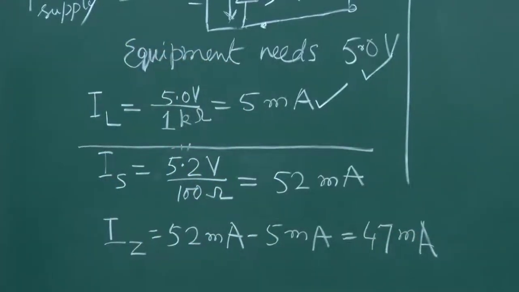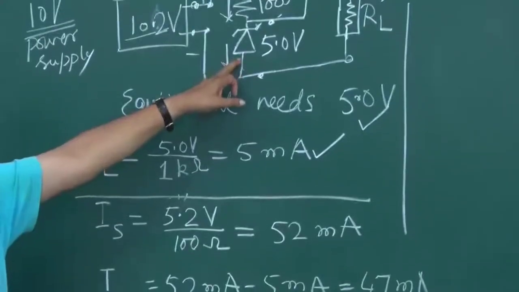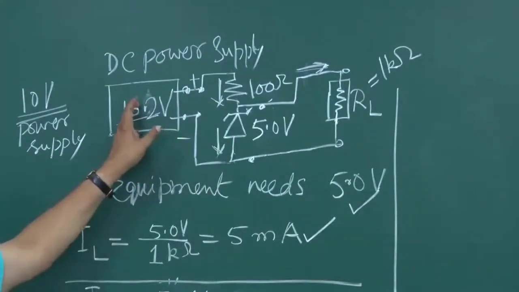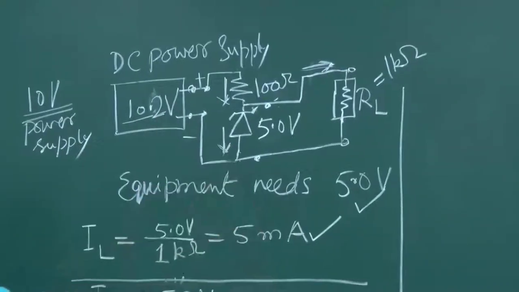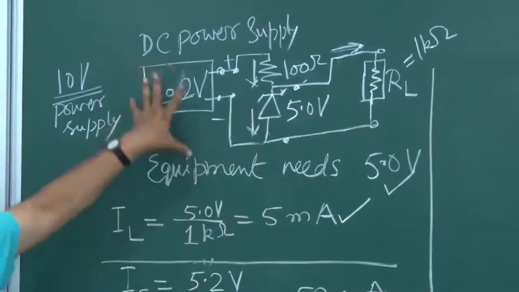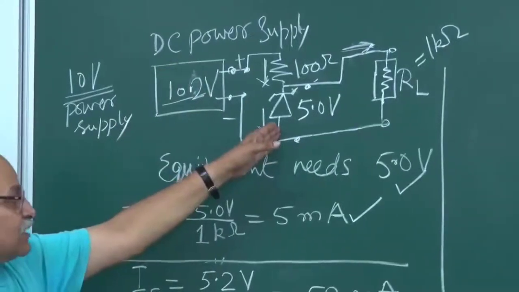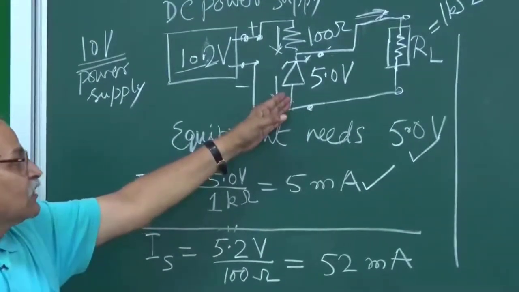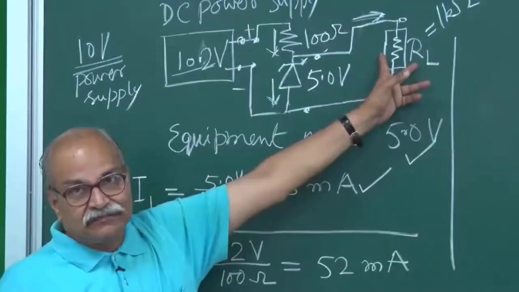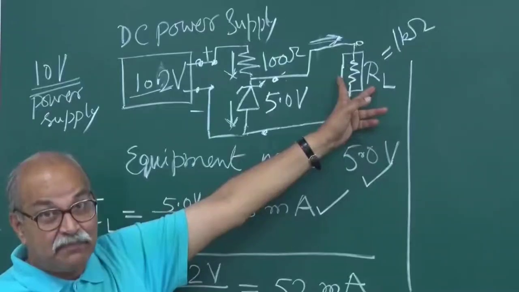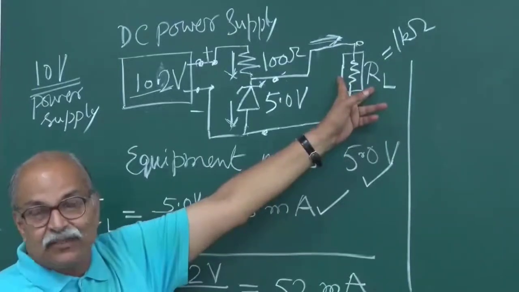So you see the current through the zener has changed. In the previous case, when it was 10.0, this current we calculated as 45 milliampere. Now the voltage has fluctuated and this current has changed. From 45, this has become 47. But my equipment, my appliance, this load resistance, has no effect on that.